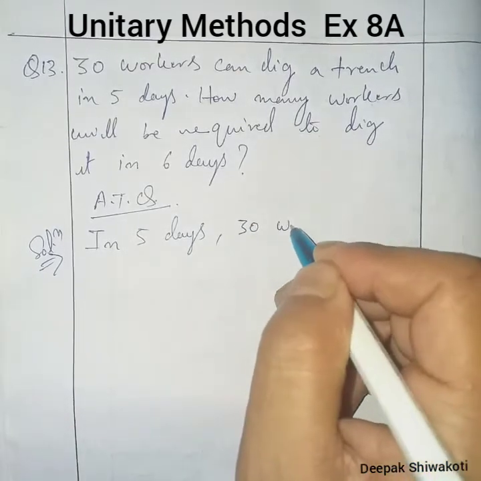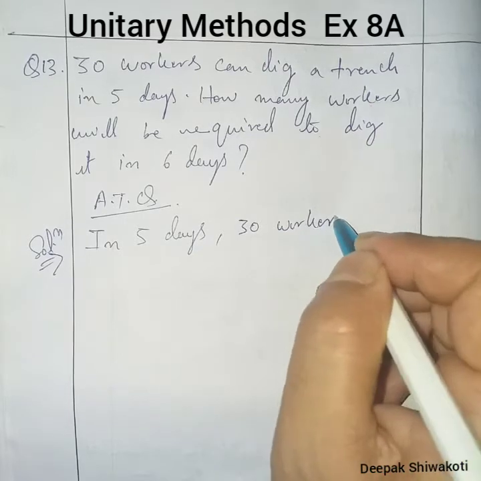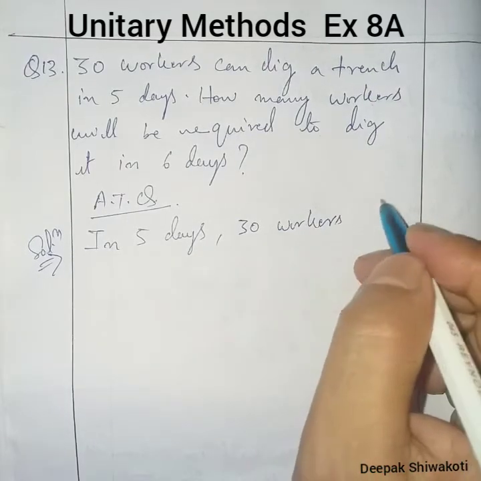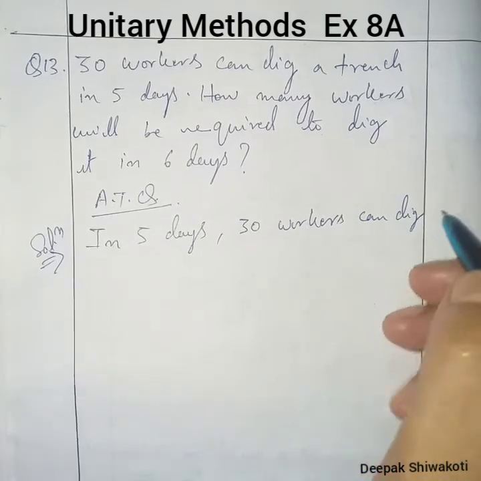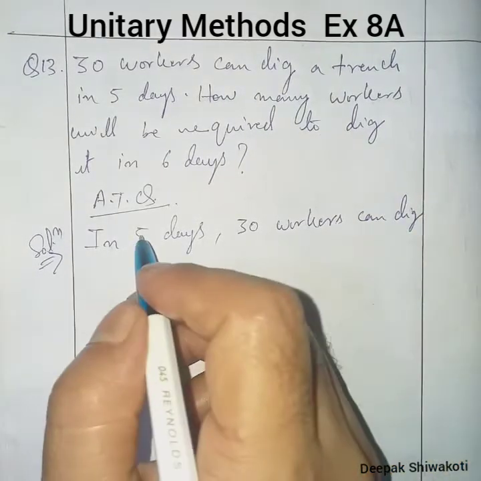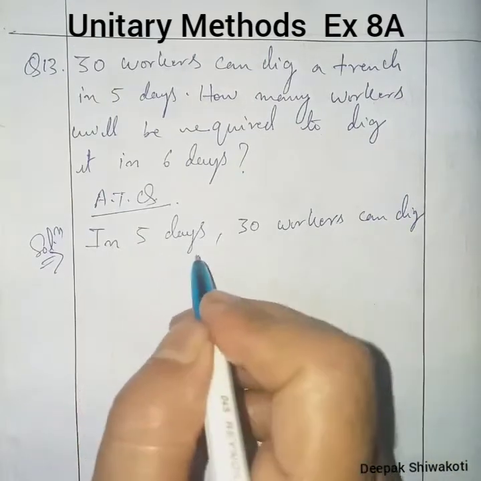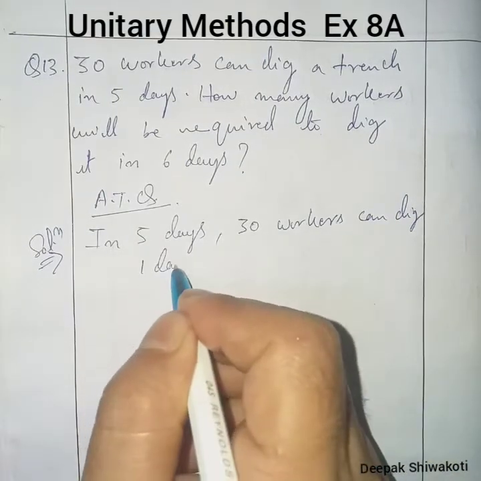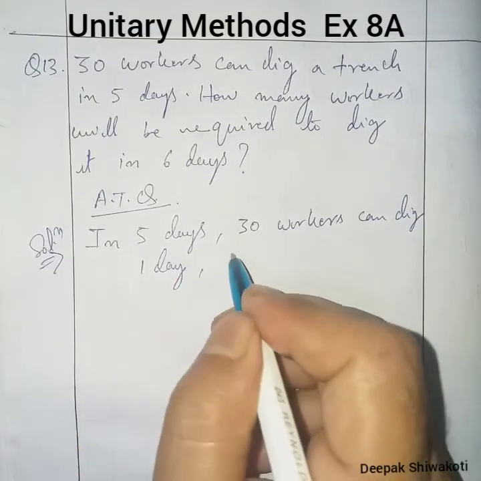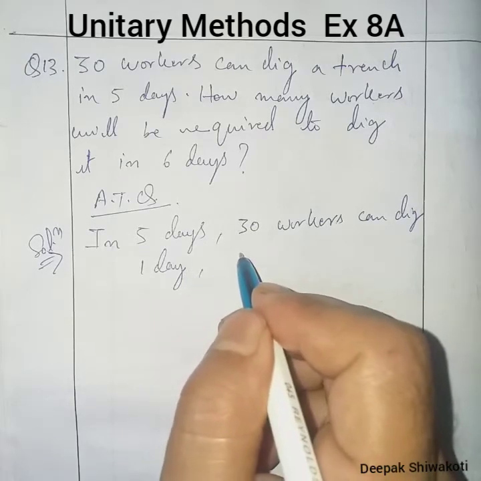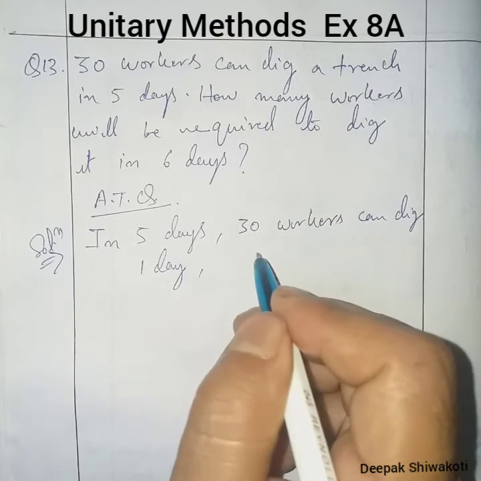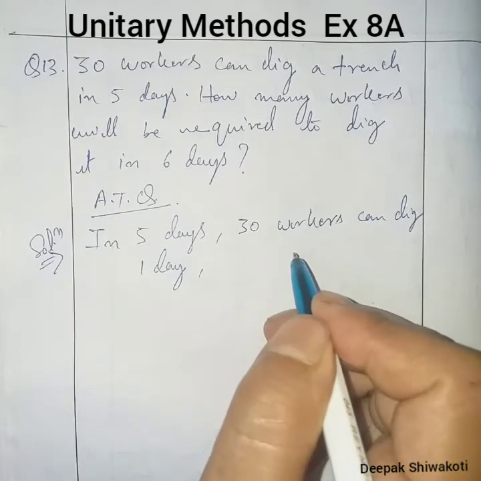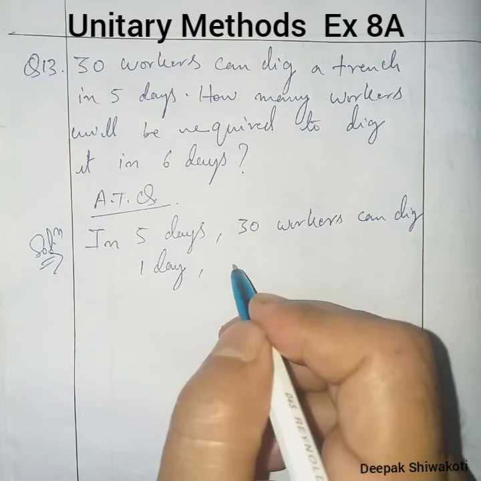30 workers can dig, okay, a trench, you can write there. So in one day means more workers, because in one day 30 workers cannot finish the work, more workers are required.